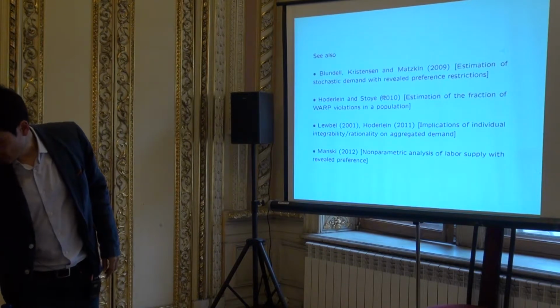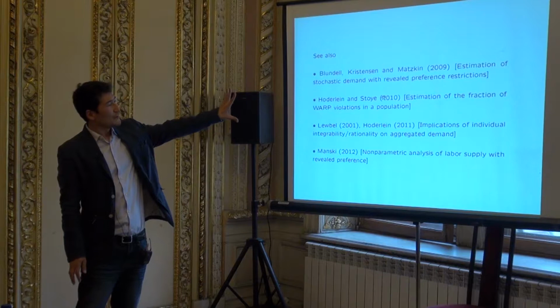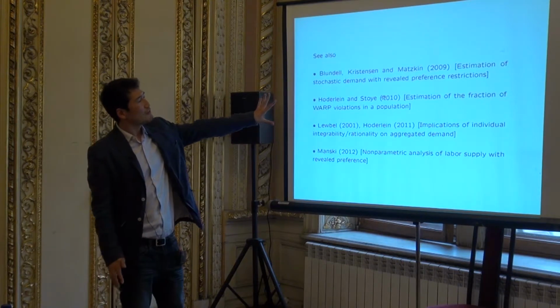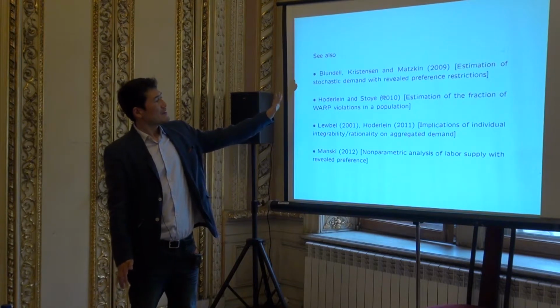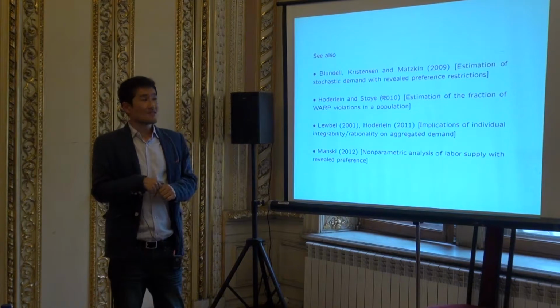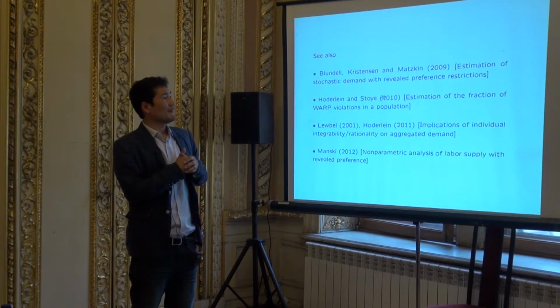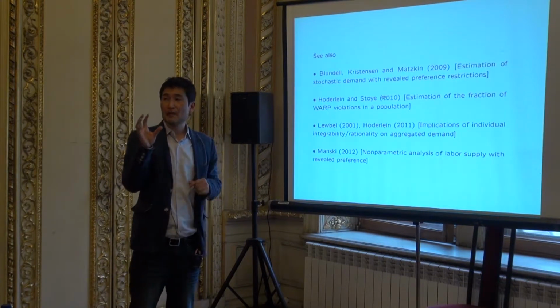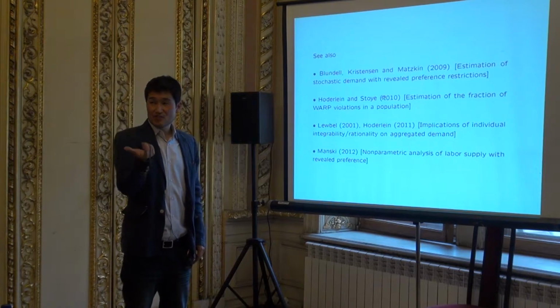Okay, and then there are more recent papers which are a little bit closer to what we are doing. Blundell, Kristensen, and Matzkin assume some properties of the underlying demand functions, and then throw in some term representing the unobserved heterogeneity.